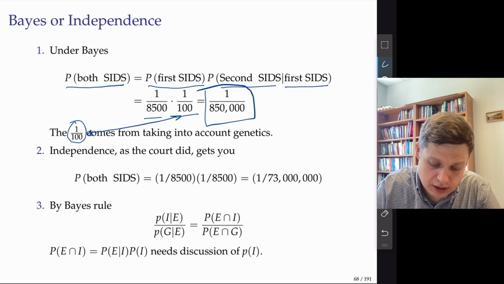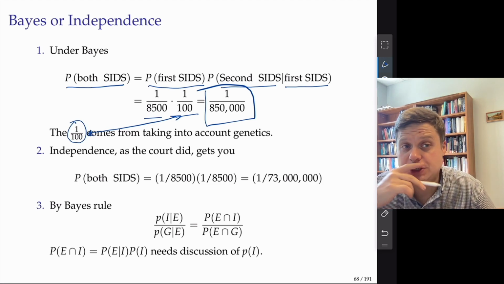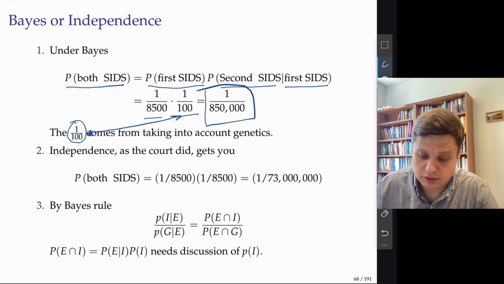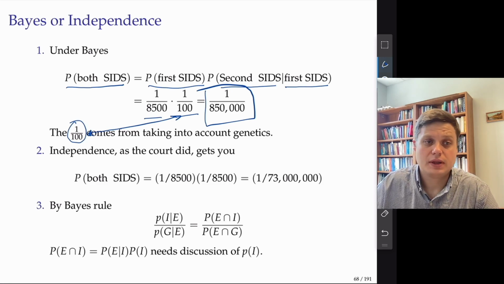If we know that the first child died of SIDS, then we know that the first child had a genetic predisposition for this to happen. And if one of the children had this genetic predisposition, then very likely the second child is also predisposed genetically, and has much higher chances now of dying of SIDS.